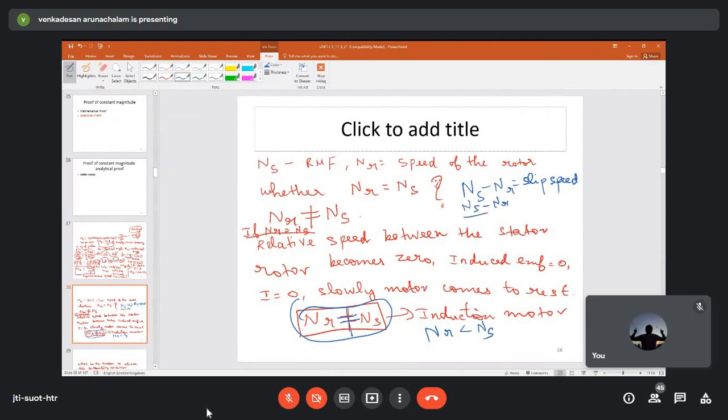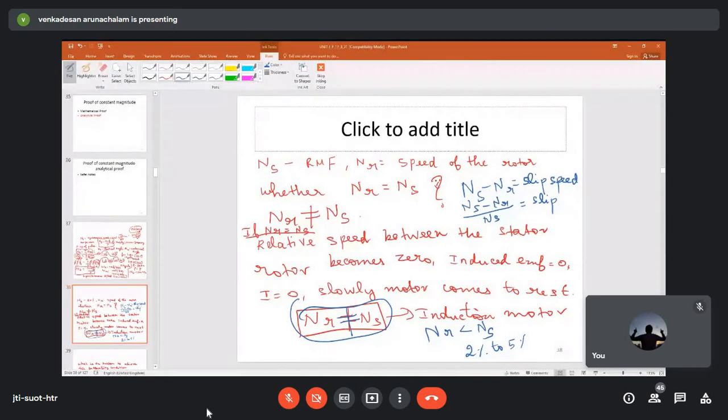If you divide this by the synchronous speed, this is called the slip of the induction motor. Generally the slip of the induction motor will be 2% to 5%. That is the normal operating value of the slip of any induction motor. Normal operating value, I am saying.